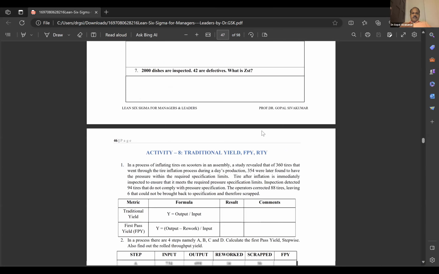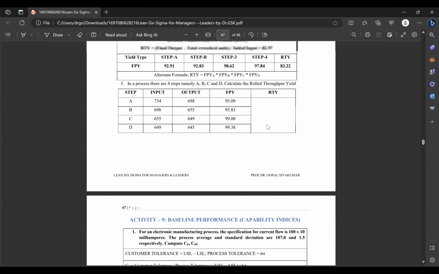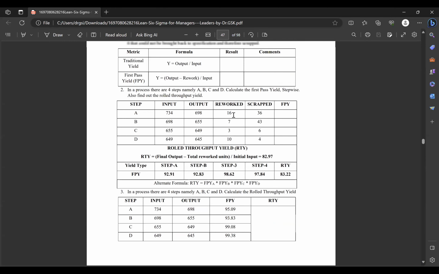In the second, one is reworked, 16, 7, 3, 10. The next column is mentioned as 36 like that. So do we need to consider this scrap also or is it separate? Yeah. See, after accounting for the scrap only, the output is calculated. Can you see here? 734 minus scrap 36, so the balance output is 698. Yes. So if you are taking this, that means you already subtracted the scraps.